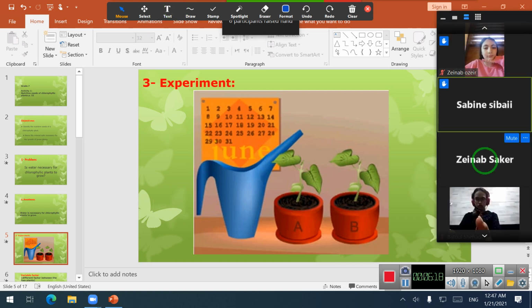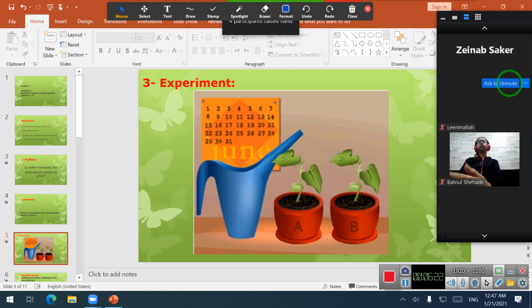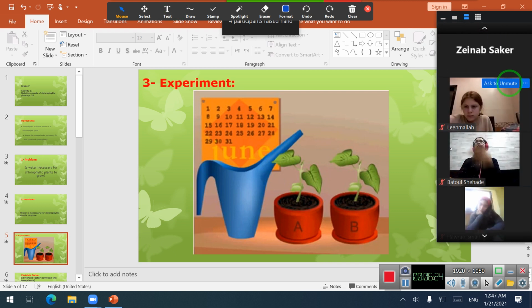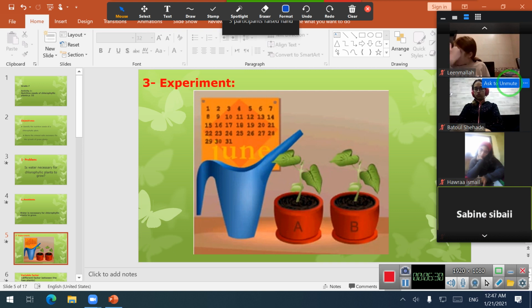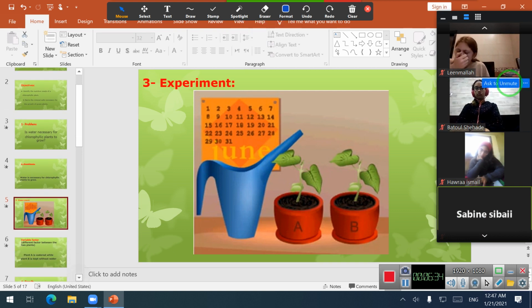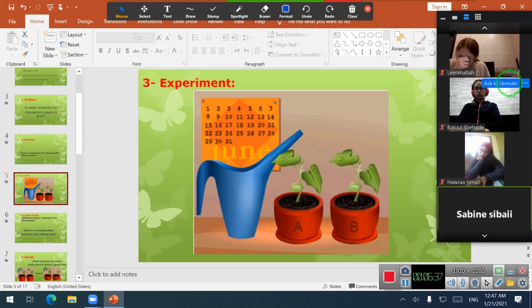So, plant A is watered regularly, or every day. This is the calendar used to show you how the plant grows. And plant B is not watered. So, a few days later, plant A will grow normally while plant B will not grow.